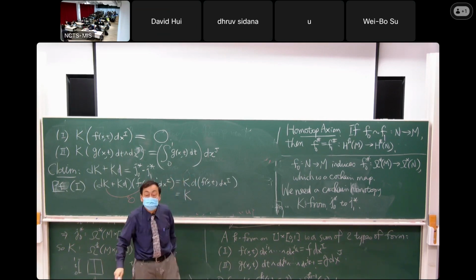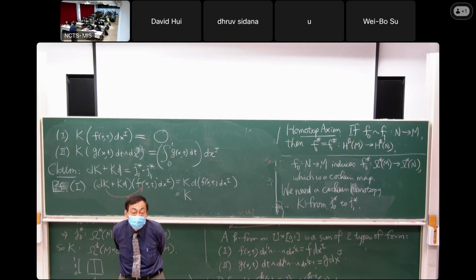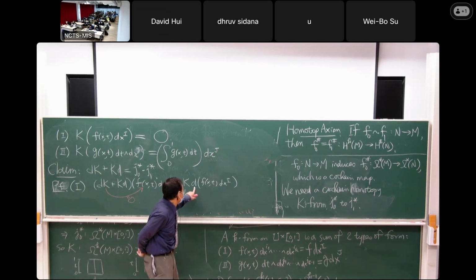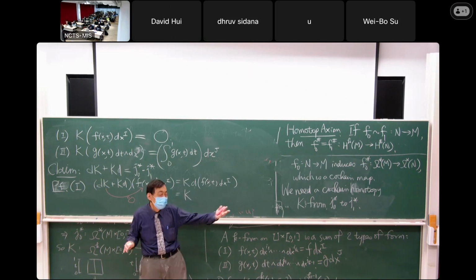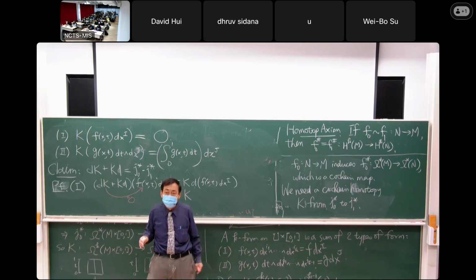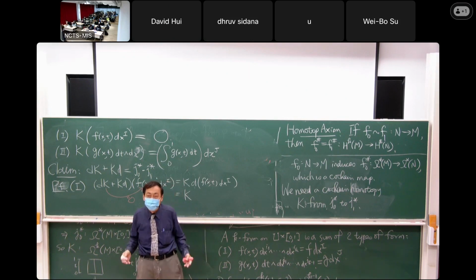Now let me give you a quiz right now. What is the exterior derivative of f dxI? Can somebody volunteer? It doesn't matter if you get it wrong, because it's only me that's being filmed. Nobody knows who you are.